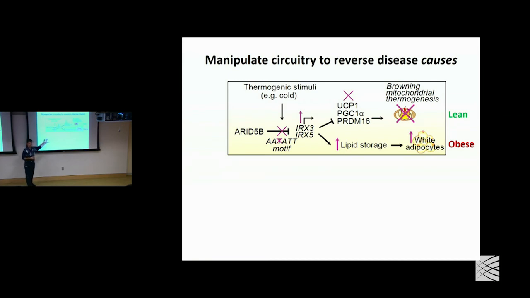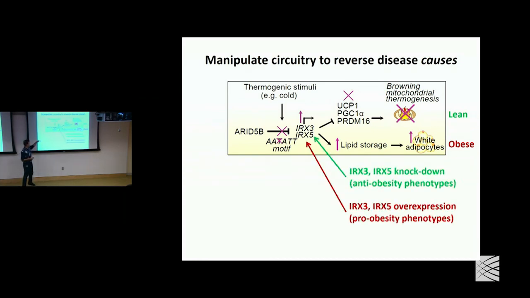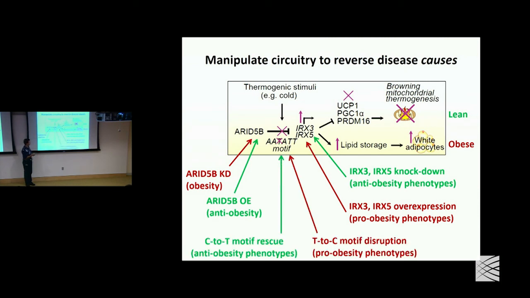What's really important about having a circuitry is that you can actually start manipulating that circuitry. You can actually start knocking down or overexpressing the genes implicated, either as target genes or as regulators. You can actually start editing the single nucleotide variant that's predicted to be causal in this particular case, using CRISPR-Cas9 genome editing. So the results for all of these modifications are remarkable.